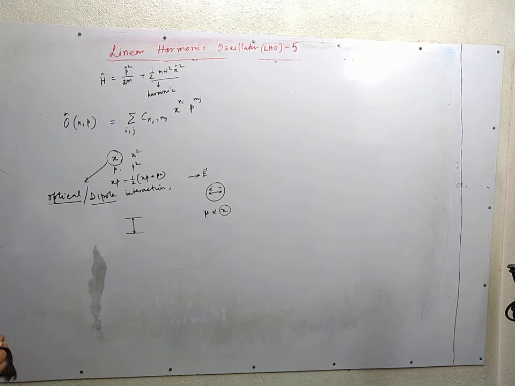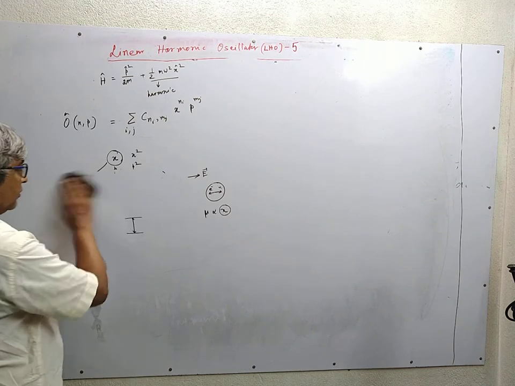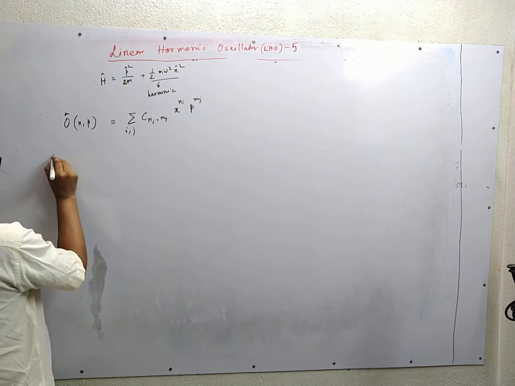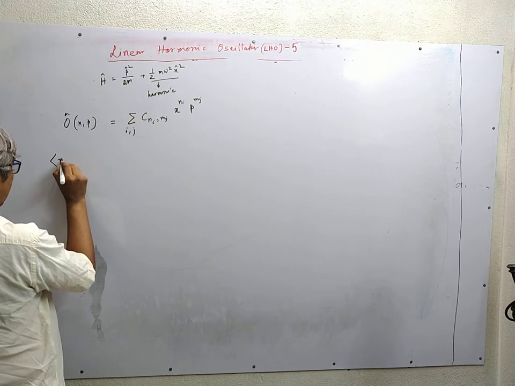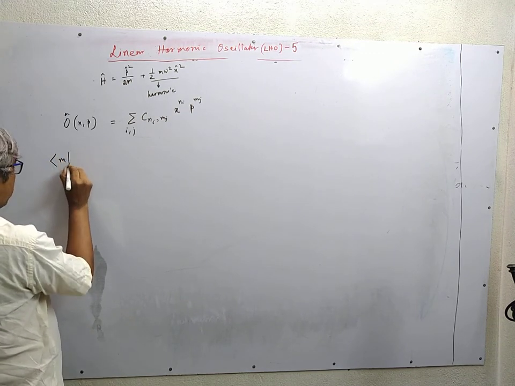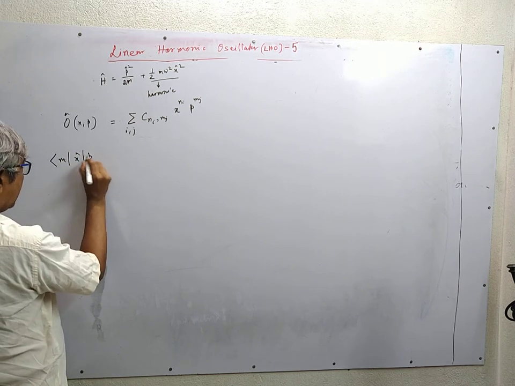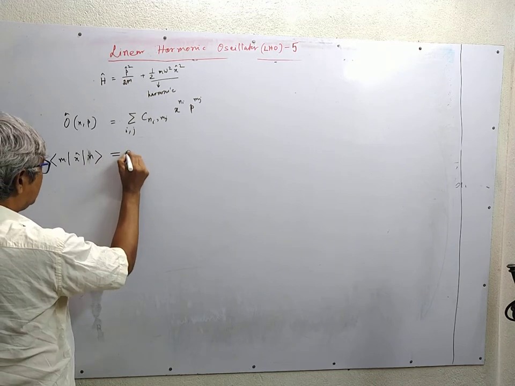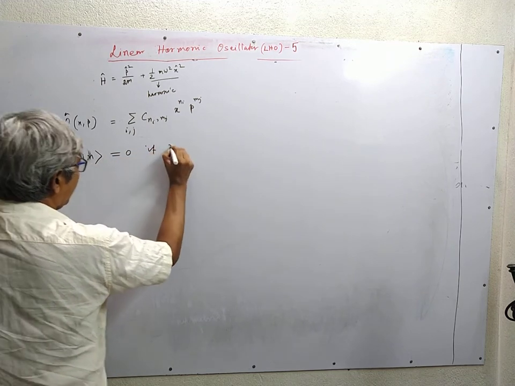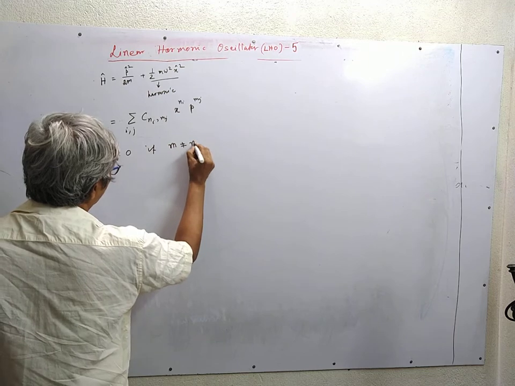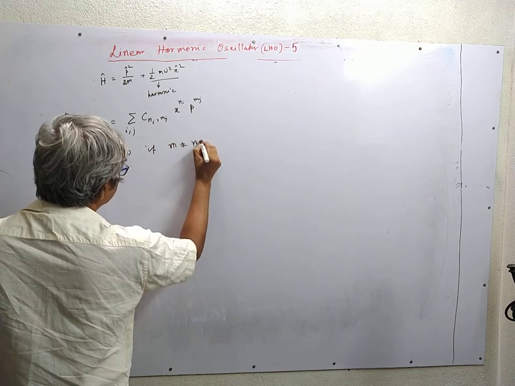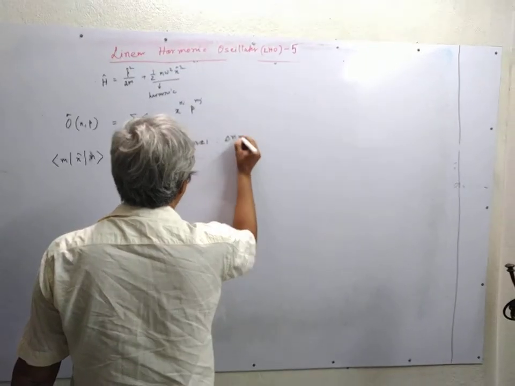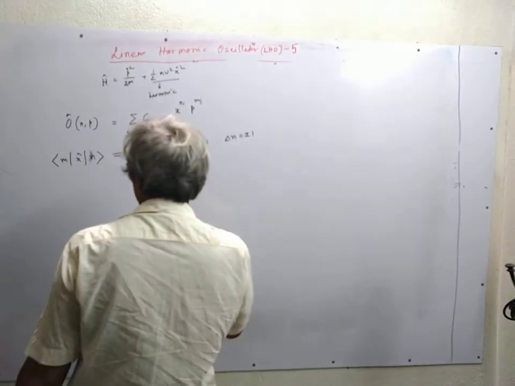Now we come to the selection rule. We have already seen that the matrix element x_mn is equal to 0 if m is not equal to n plus minus 1. So the selection rule is delta n is equal to plus minus 1.